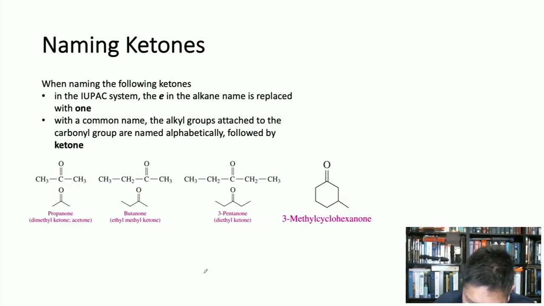Again, pretty simple for the IUPAC system, where the e turns into one. It says one, but really it's pronounced own. So here we have propanone for 3 carbons, butanone for 4 carbons, and 3-pentanone. Why is it called 3-pentanone here? Because the ketone is at the 3rd carbon.